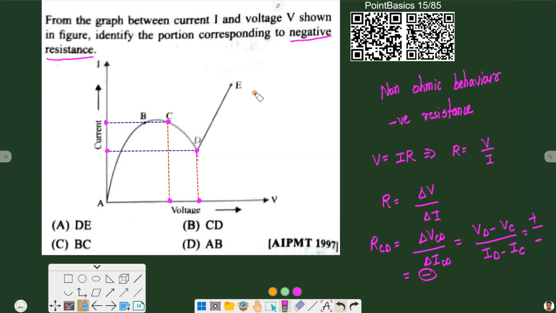So the non-ohmic region always has negative resistance, and here CD is the non-ohmic region. So option B will be the right answer. If CD were not mentioned here, then our answer could also be BD, as in the BD region as a whole we have negative resistance. Moving to the next one.